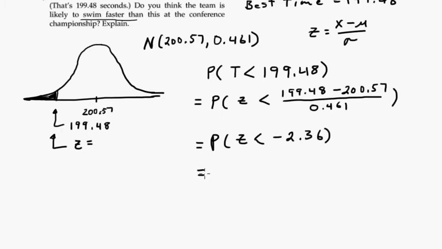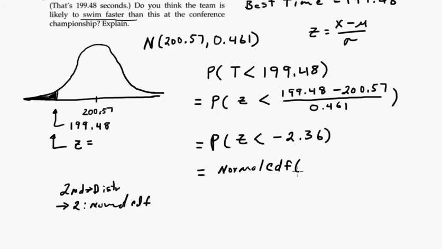We can get that by using your calculator. Remember that if you can find this function, normal CDF, we can find that if you do 2nd distribution and go to, I think it's 2, normal CDF. Since we've already converted to z, we just want to go from negative infinity to our z value of negative 2.36.